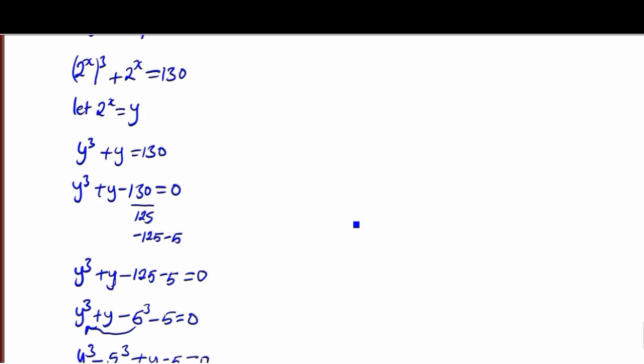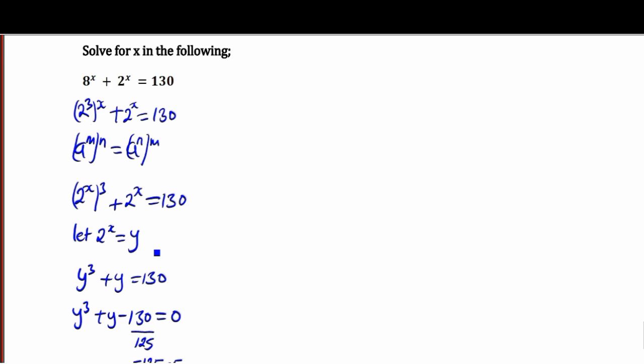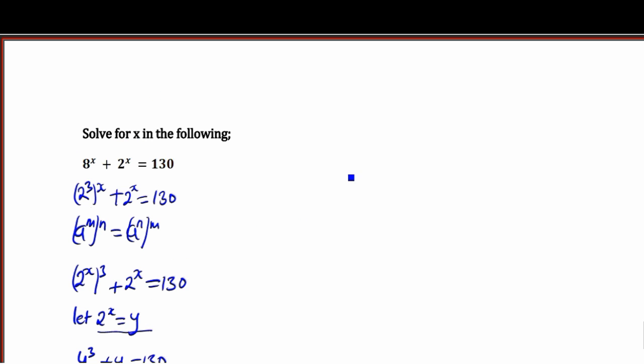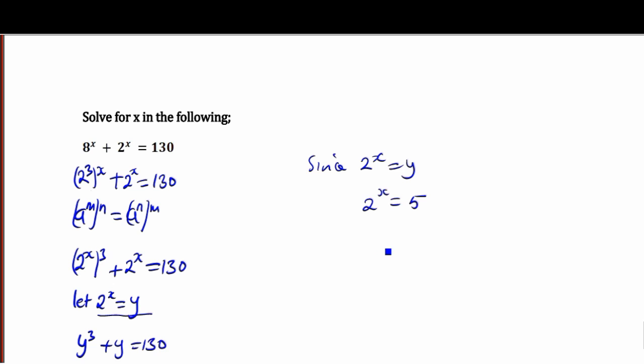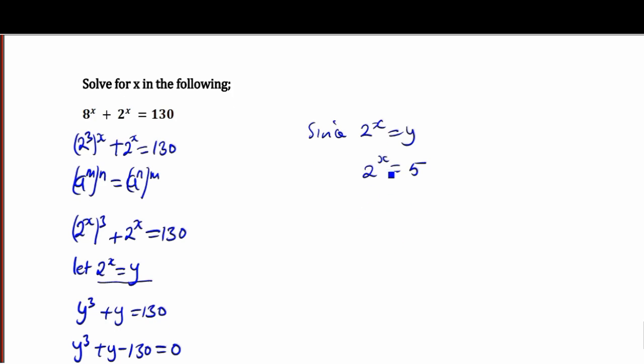But since we did let here that 2 power x is equal to y, then it means 2 power x is equal to 5, because y was given as 5. Now for you to get the value of x from here, you introduce logs on both sides.